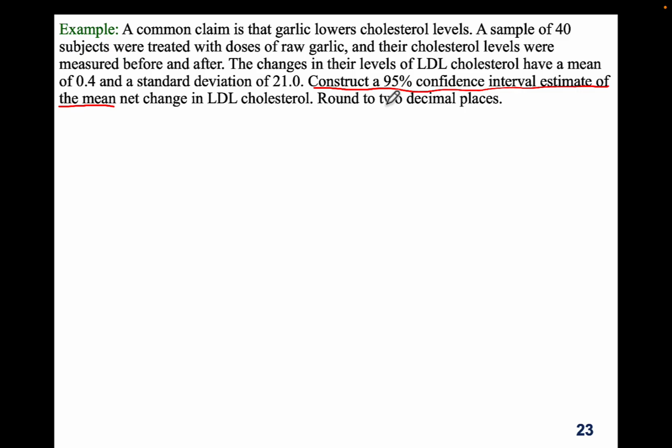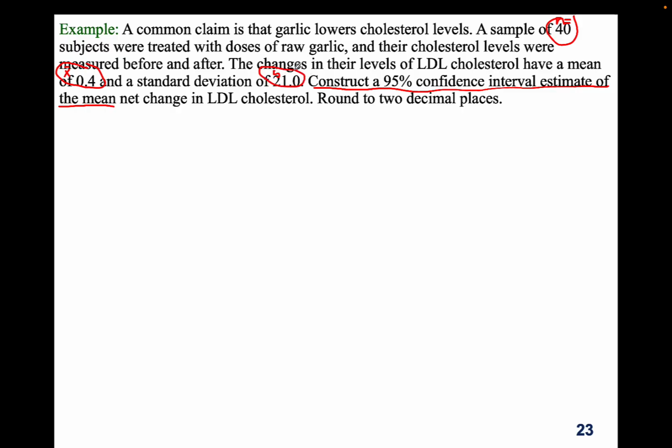There's no table for us to upload into StatCrunch. What we do have, though, is a summary of the data. We've got a sample of 40. We've got a mean from that sample, change in cholesterol of 0.4. We've got a standard deviation from that sample, lowercase s.